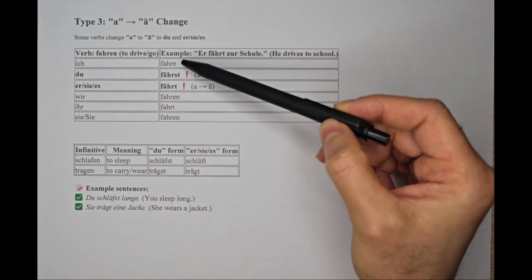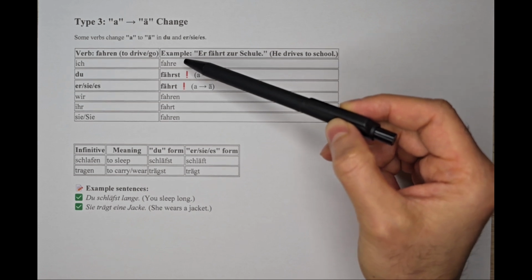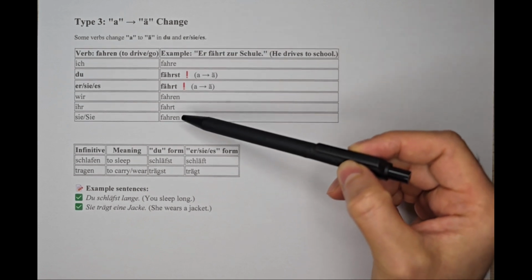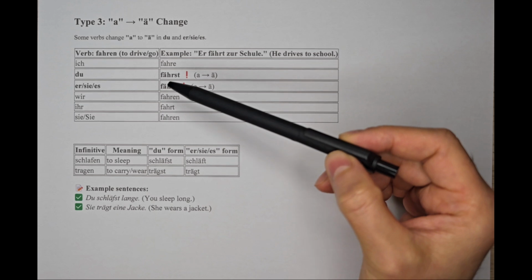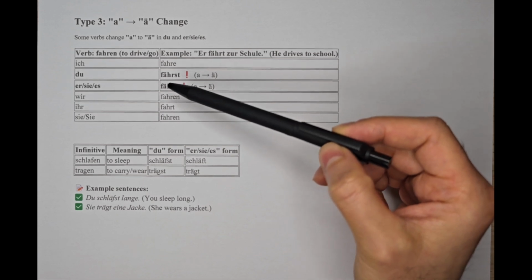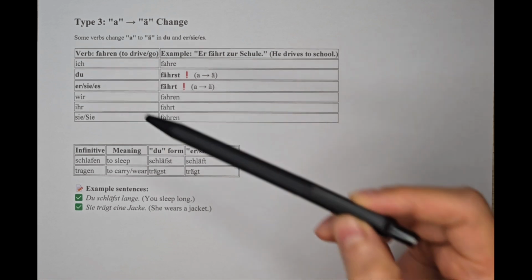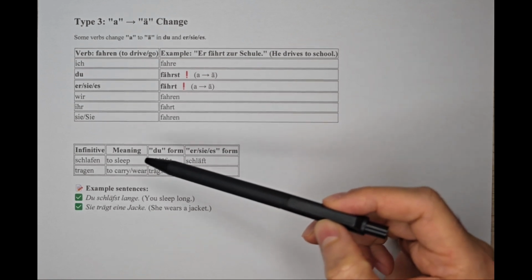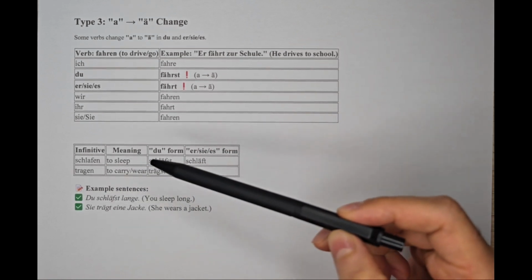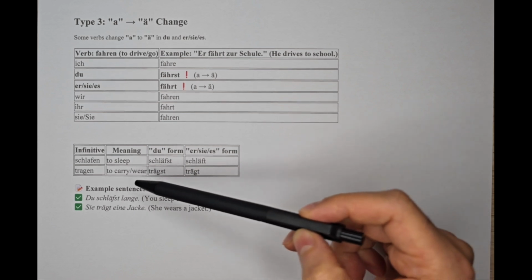That means the change that will happen in the conjugation will be the same as it will happen in the regular case. So the only change that happens is within the second person singular as well as in the third person singular. Other examples are schlafen und tragen, to sleep or to carry or to wear.